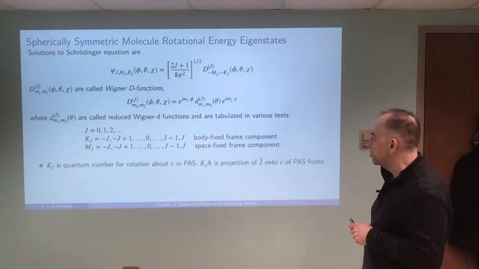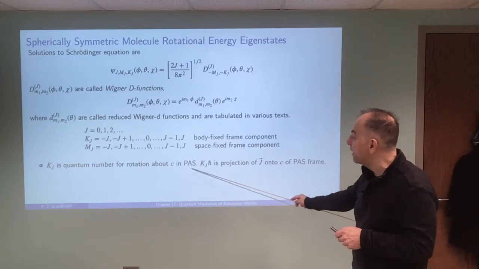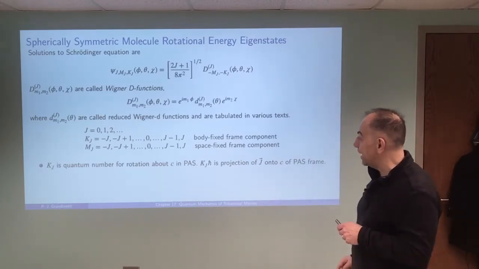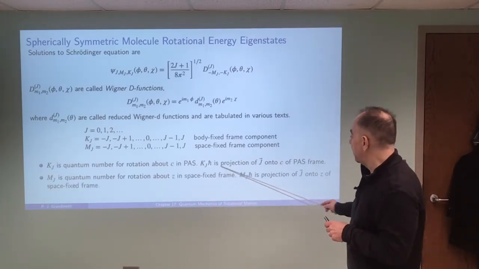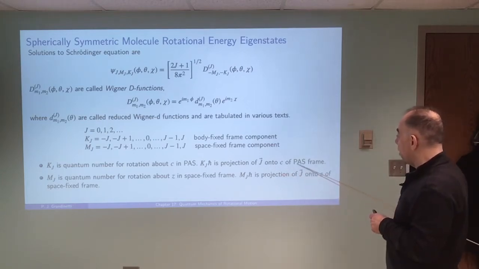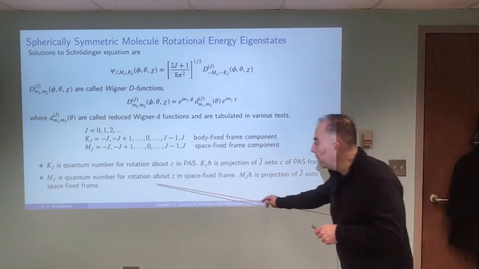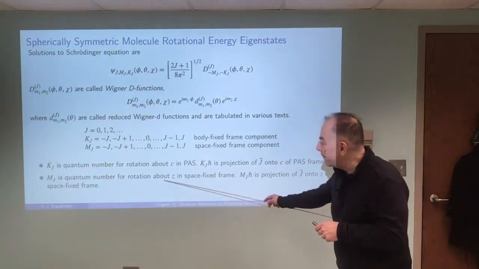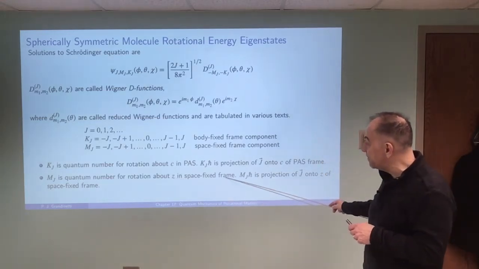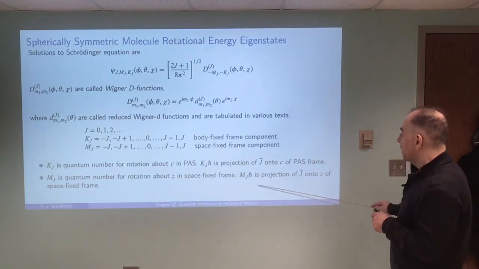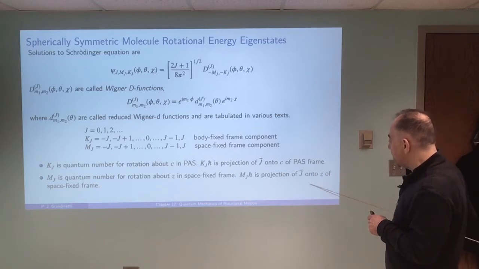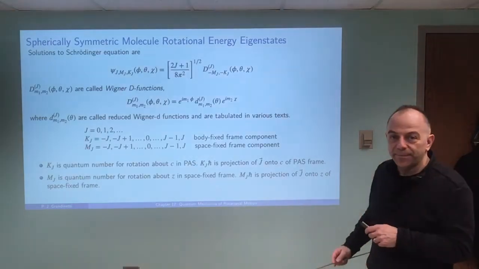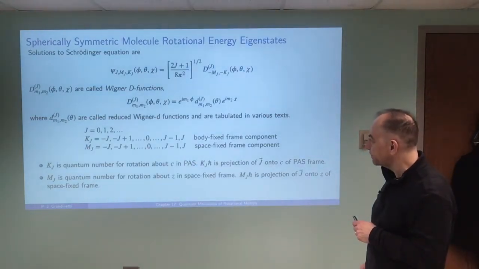So again, K sub J is the quantum number for rotation about C in the principal axis system, and it's the projection of J onto the C axis. M sub J is the quantum number for rotation about Z in the space-fixed frame. So M sub J times h bar is the projection of J onto the Z axis in the space-fixed frame.